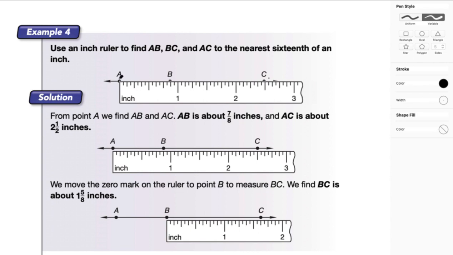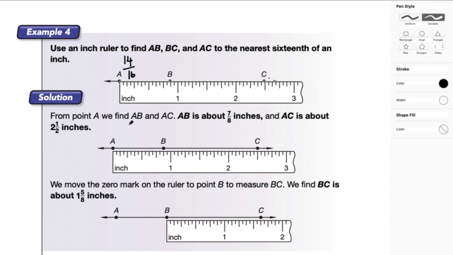So now I know that from here to here is not quite 1 inch. If I'm thinking about the 16ths, it's going to be 14 16ths, right? Let's count together. 1, 2, 3, 4, 5, 6, 7, 8, 9, 10, 11, 12, 13, 14. So I can write my fraction as 14/16.